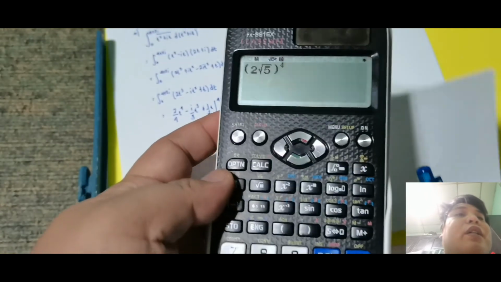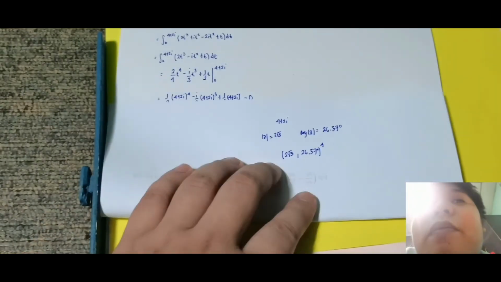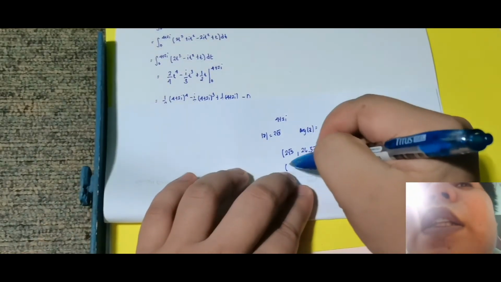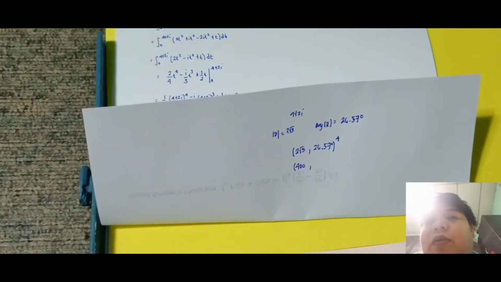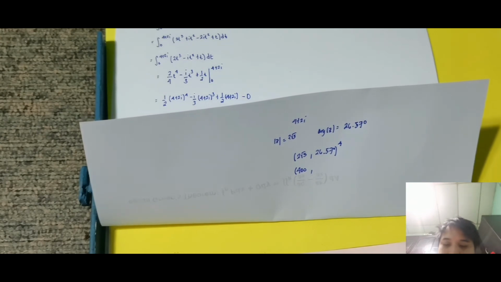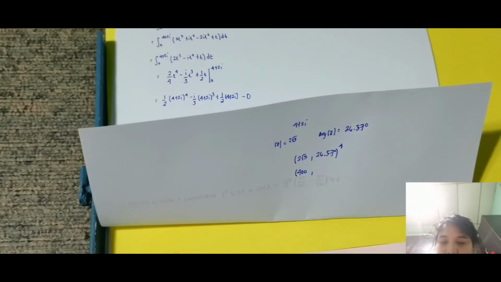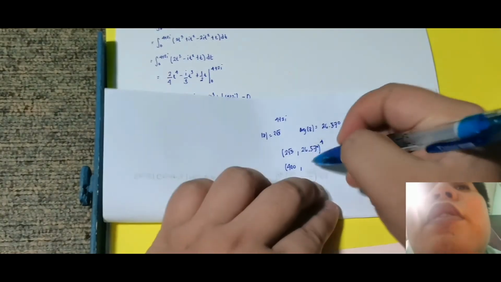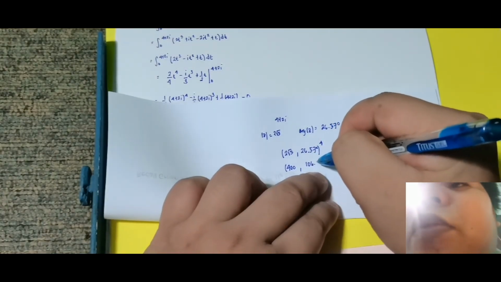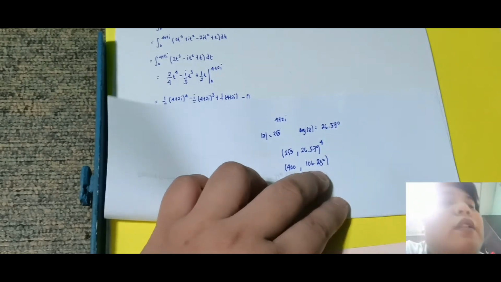Ayun yung una. Kasi i-raise ko siya, that is 400. Okay, then this is 26.57 times 4 kasi dun siya yung multiply naman. That's 106.28 degrees, para sa 4.